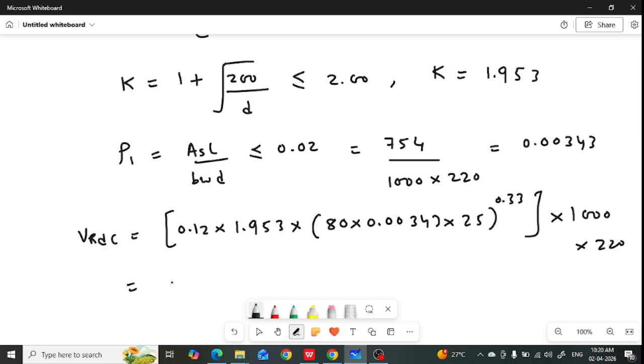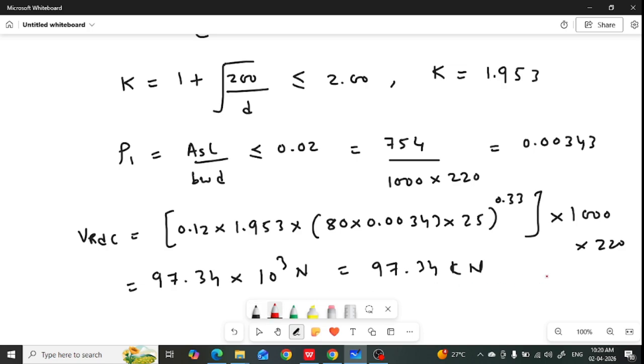So VRDC you are getting by solving this equation as 97.34 into 10 to the power 3 Newton, which can be written as 97.34 kilonewton.